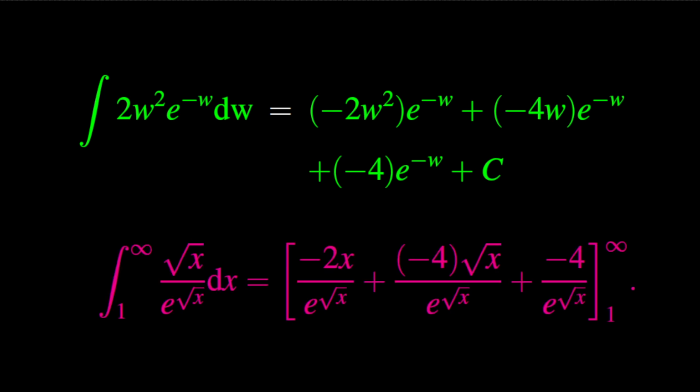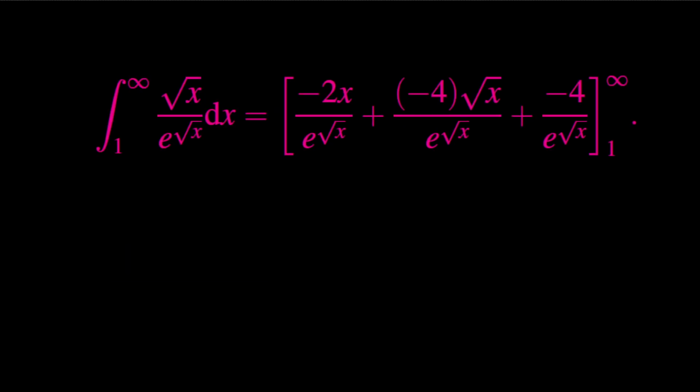In sum, when we replace w by square root of x, we see that the original integral from 1 to infinity of the fraction square root of x over exponential of square root of x dx is equal to the quantities minus 2x over exponential of square root of x plus minus 4 times square root of x over exponential of square root of x plus minus 4 over exponential of square root of x evaluated at the end points 1 and infinity.